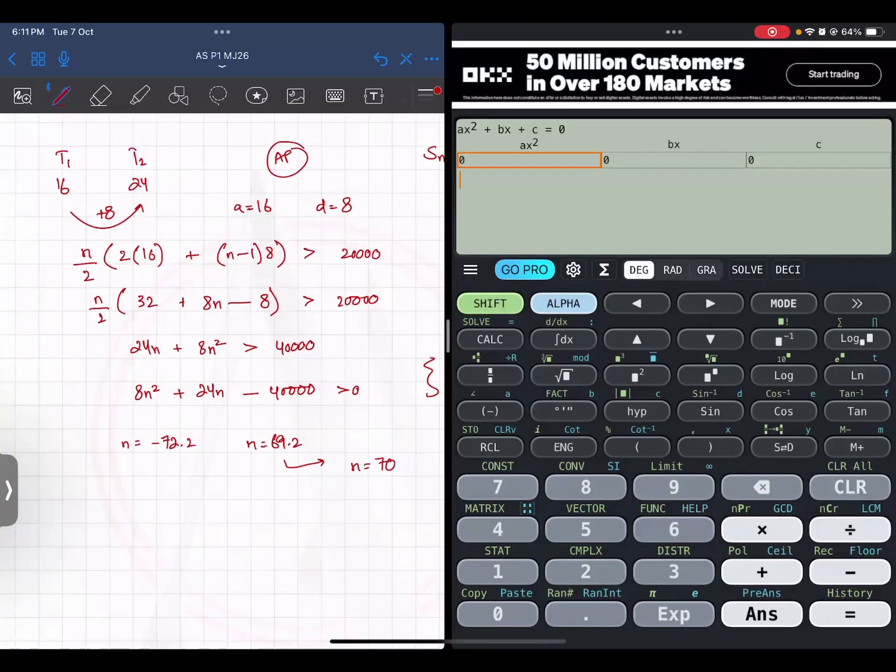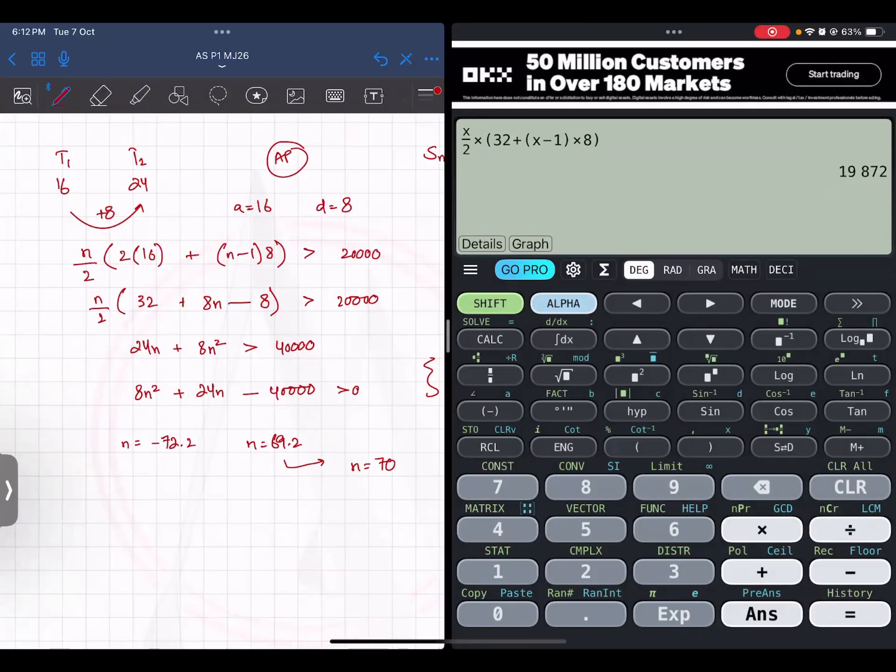So if I form the equation using the calculator as well over here, you can see x upon 2, which is 32 plus x minus 1 into 8. And now if I replace the value of n as 69, it is coming out as 19,872.